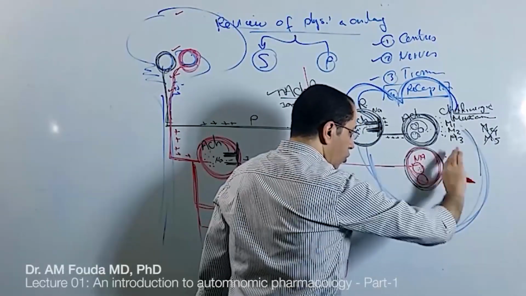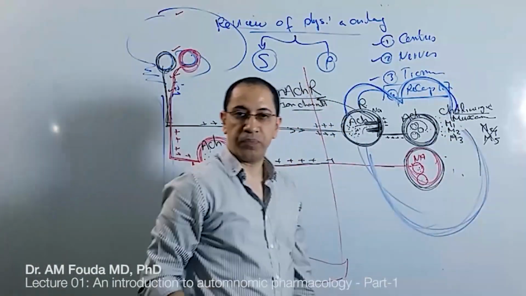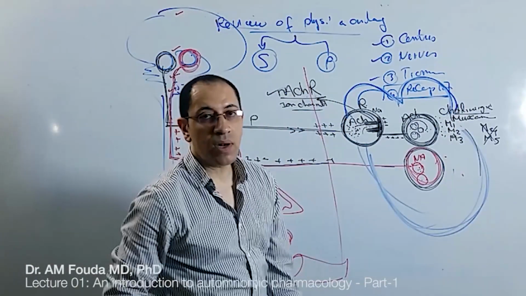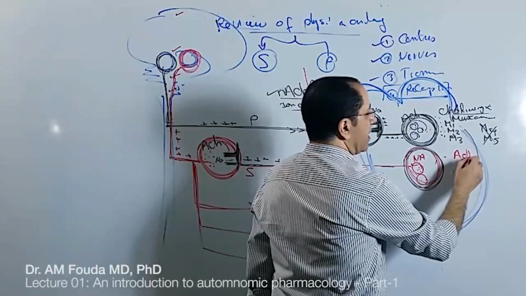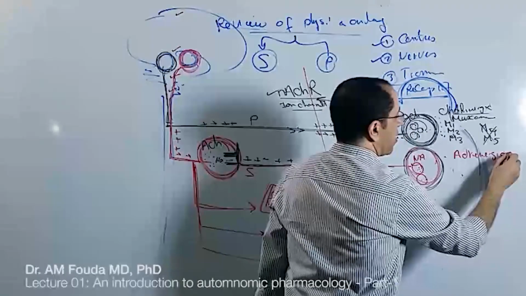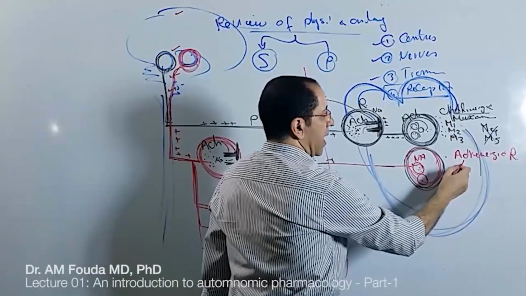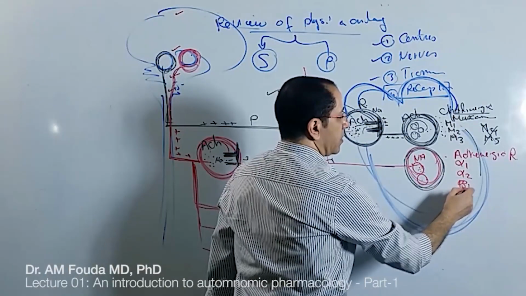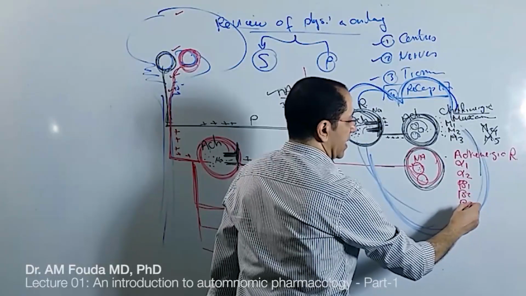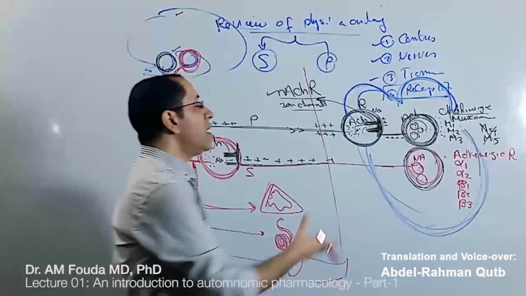Now I ask you, do all internal organs have all of these receptors? Or does the heart have M1, M2, M3, alpha 1, alpha 2 and so on? Of course not. Organs tend to choose 1 or 2 receptors at max. For example, the heart chooses M2 when it works under parasympathetic rule, so we call them cardiac M2 receptors.